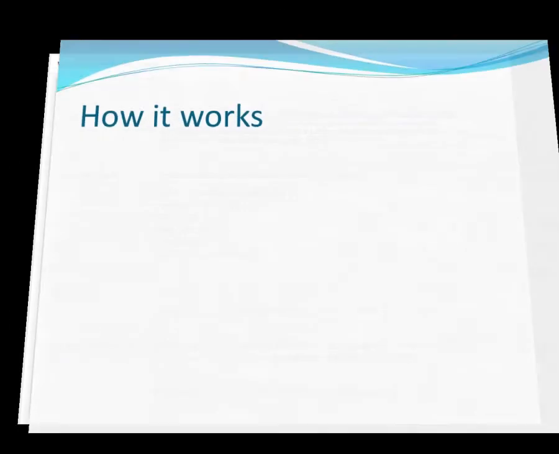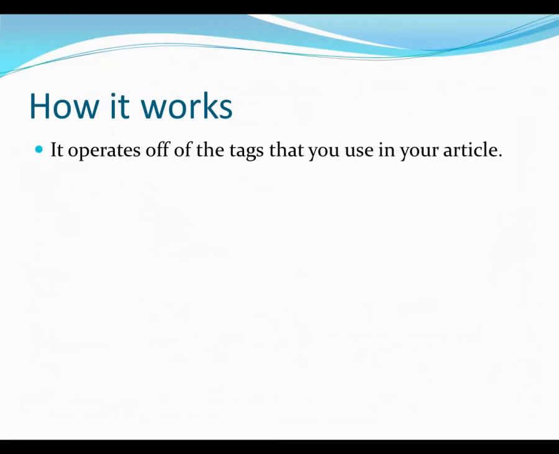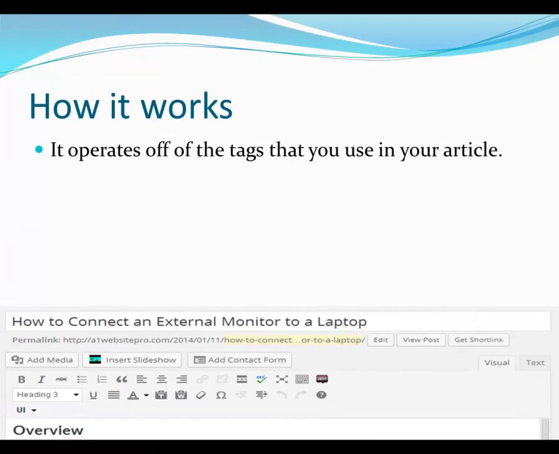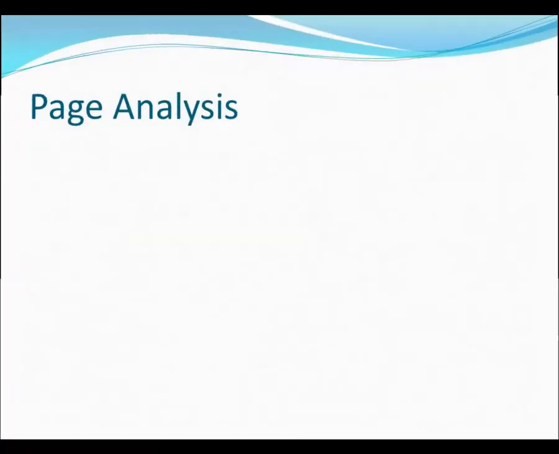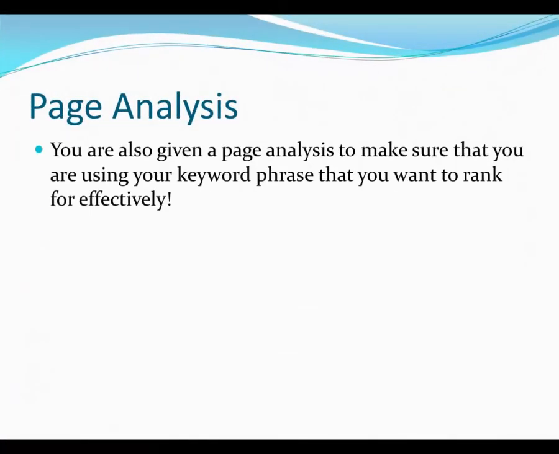Okay. So how it works. It operates off the tags. So I showed you how to have those tags, the H1 tags, H2, H3, the paragraph tags and stuff like that. So this plugin operates off of those tags to make sure that you're using your keyword phrase efficiently. So that's what you want to take into consideration.